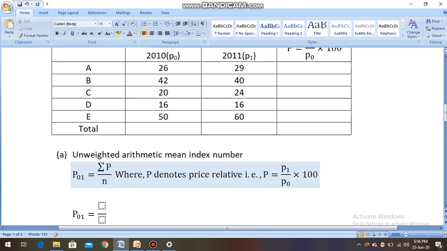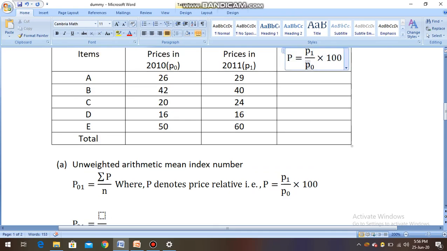So like this we need to calculate price relative of all the items and then we need to find the arithmetic mean of that price relative. So let us calculate price relative first. The formula is P1 by P0 into 100.